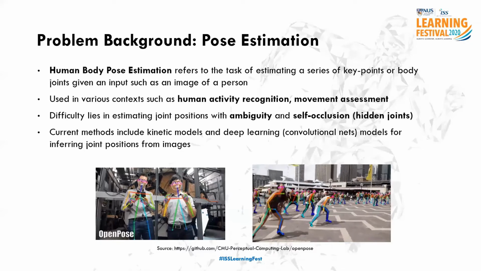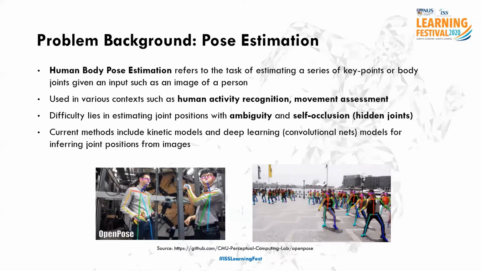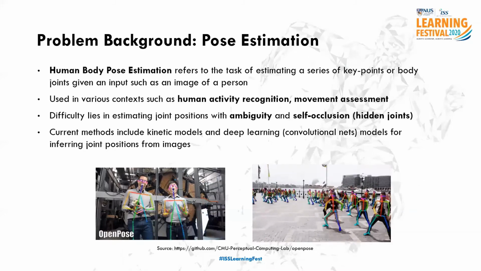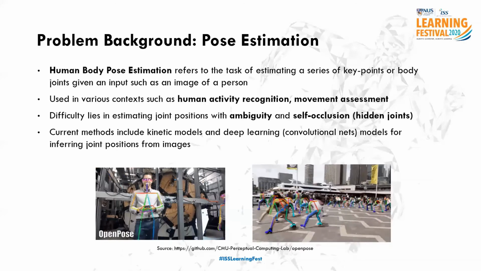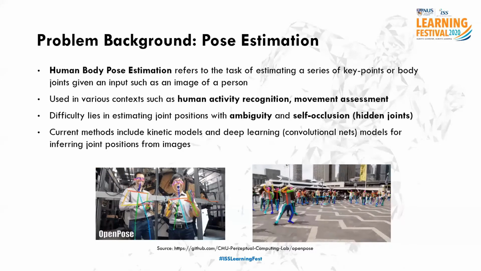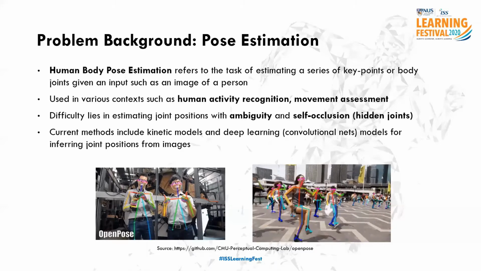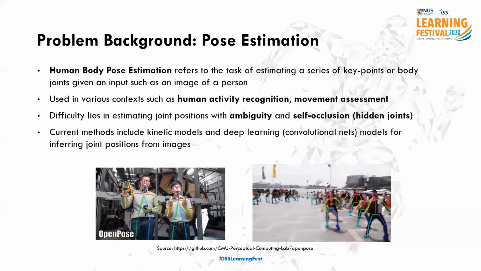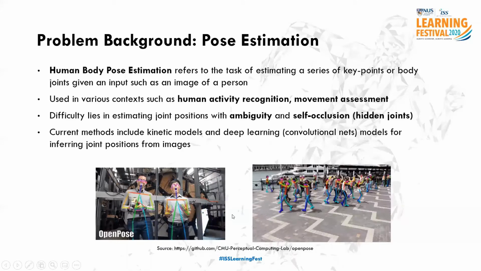So the main challenge with this task is in estimating the joint positions due to ambiguity and self-occlusion of the joints by other body parts. At this point, some of the current methods that have been proposed to solve this challenge include kinematic skeleton models, as well as deep learning-based models. In particular, one of the more well-known models is the OpenPose model, as you can see from the bottom over here.